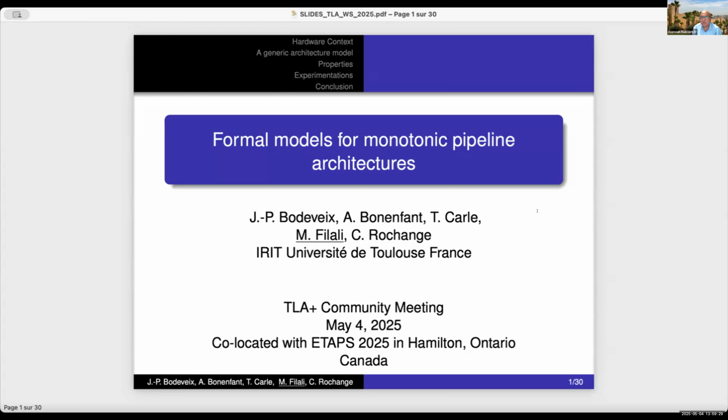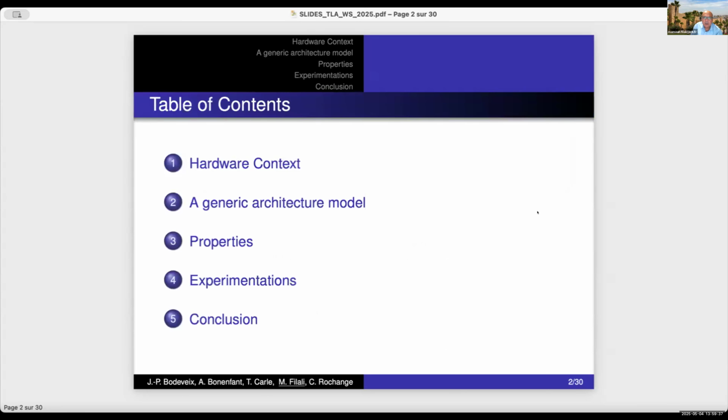I'll present the work I have done with colleagues, and this work is about formal models for monotonic pipeline architectures. The plan of my presentation will be the following. First, I'll recall the hardware context in which we are working, and then I present a generic architecture model that we have elaborated.